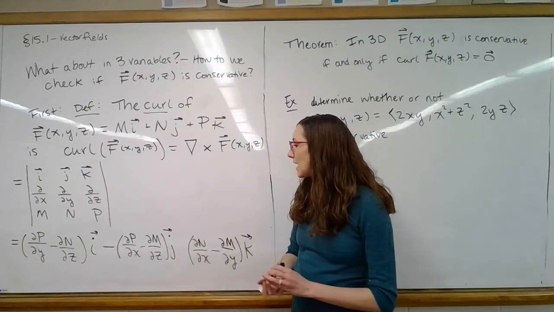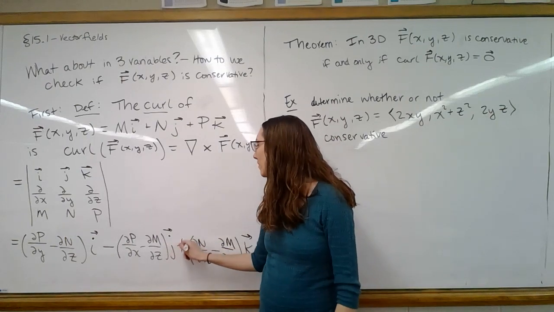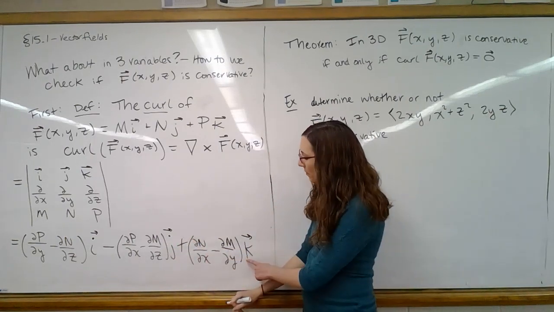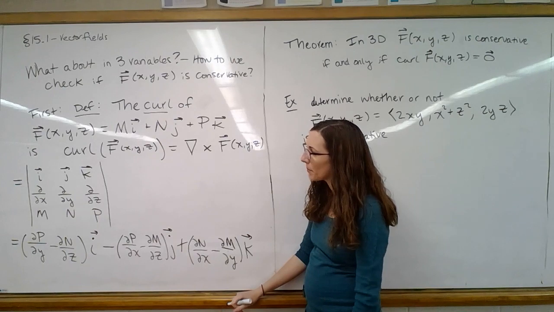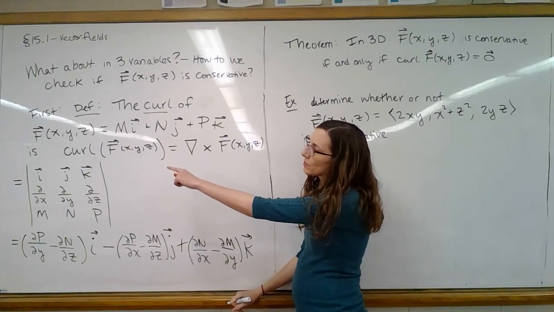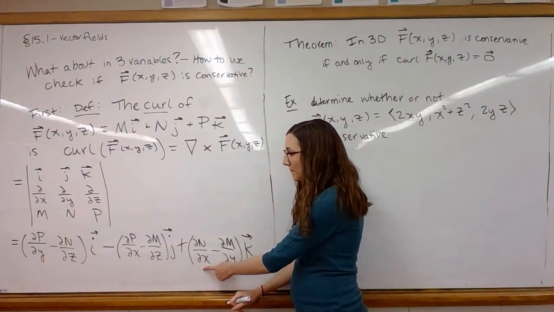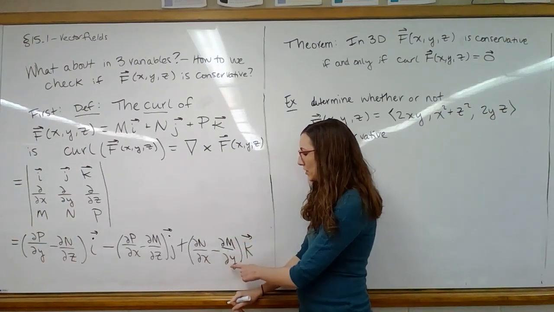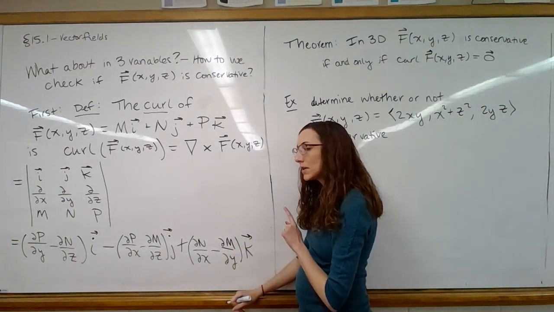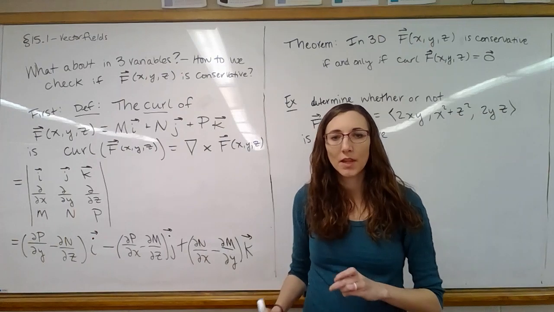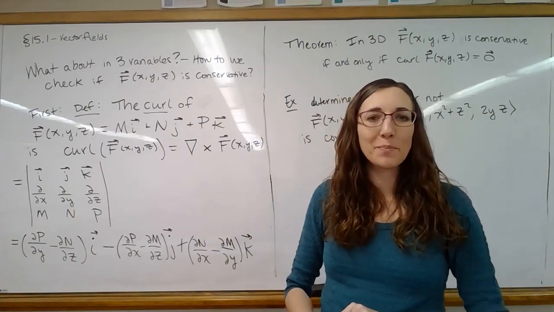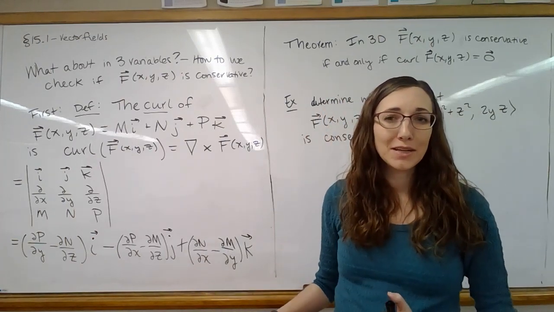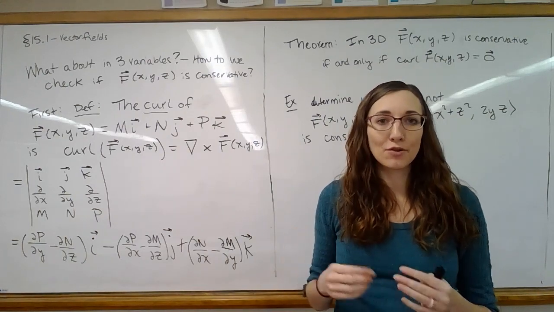And then we add that to the z component, so cover up the last row and first column. So the partial with respect to x of N minus the partial with respect to y of M, all times k.